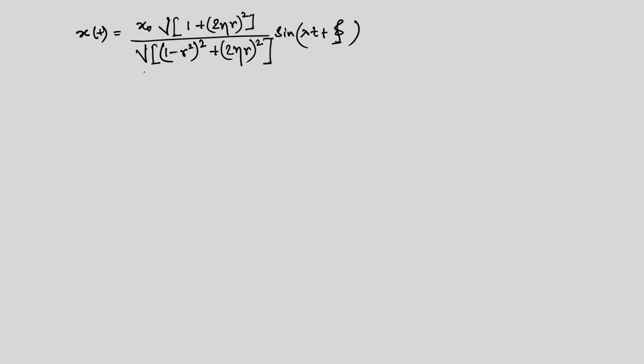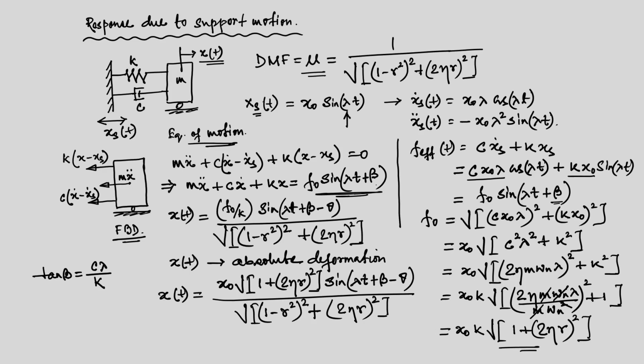Now, if we consider the amplitude of this motion, so this part is the amplitude, and then if we find out x of t divided by x naught, what is that? This is the amplitude of the support motion.